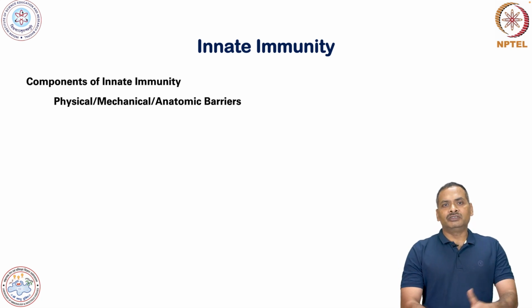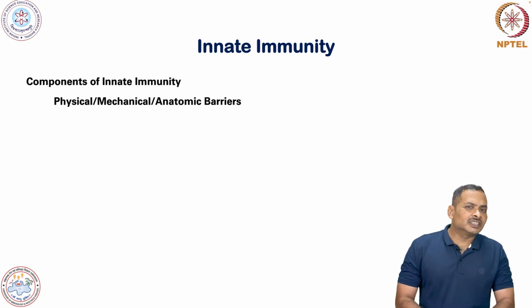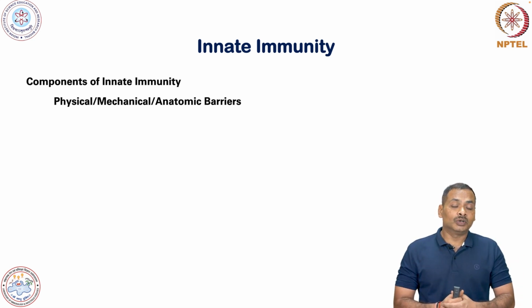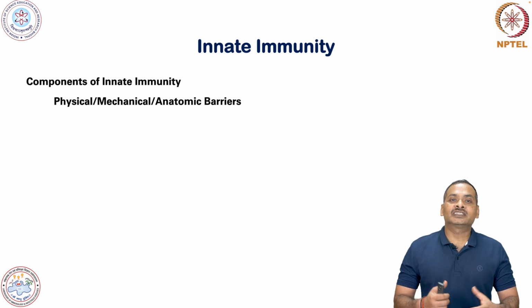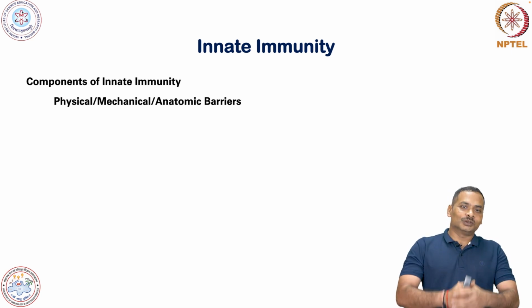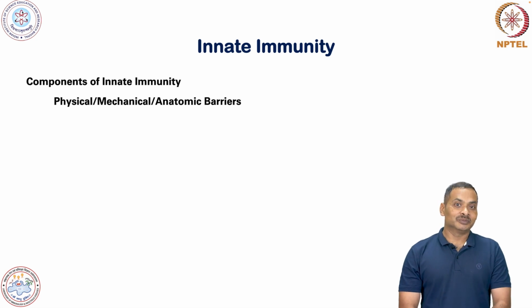I will talk in great length about these barriers, okay. Basically it consists of the lining in our body. You know that the skin is the largest external organ in our body, and over there a variety of mechanisms protect us from microbial invasion, okay.